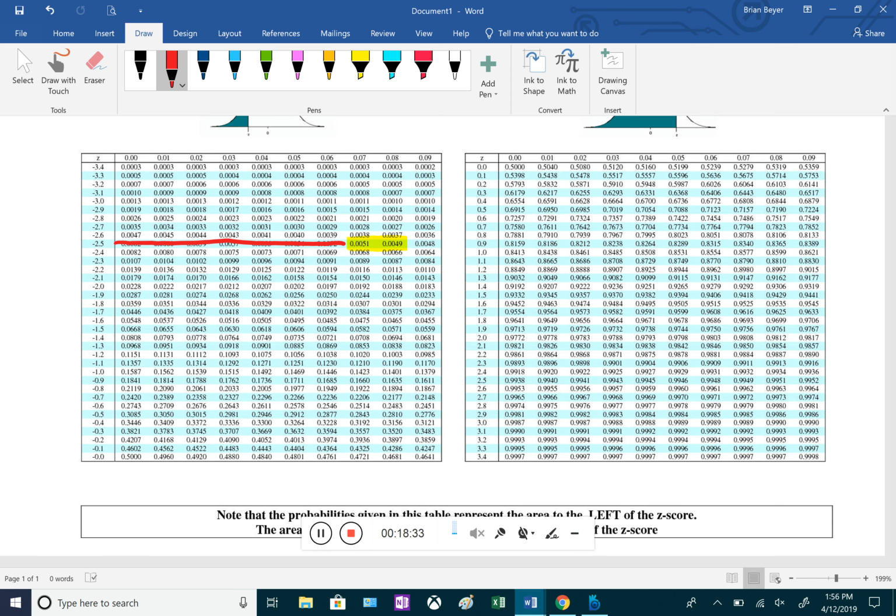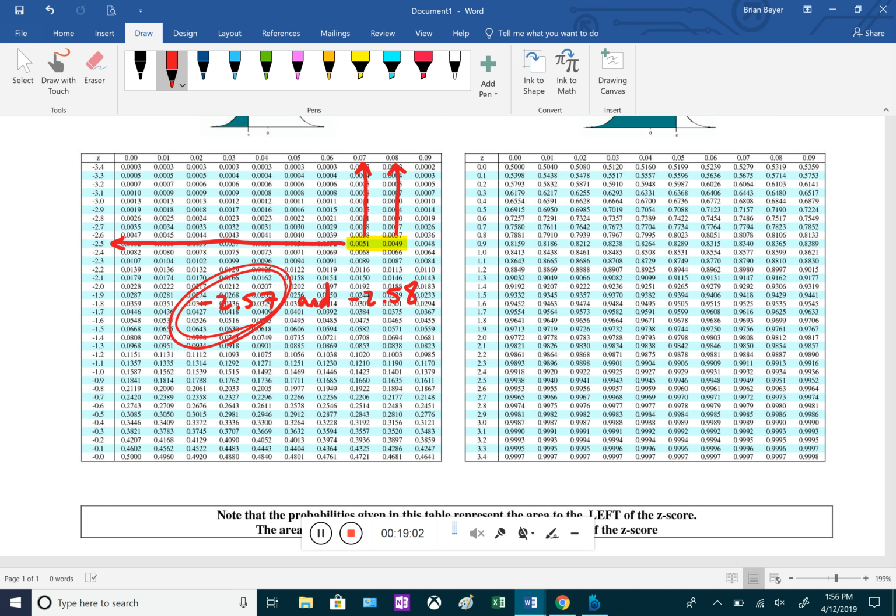It's exactly between them, so we're going to take the average of their two z-scores. We're taking the average of negative 2.57 and negative 2.58. We would add them up and divide by 2, or the shortcut is to go to the smaller number and throw a 5 in the thousandth place.